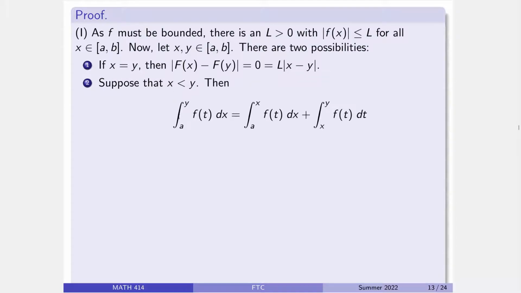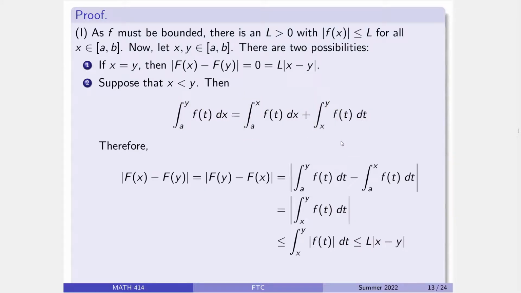Well, then we know I can split as follows. And that means that if I look at F of x minus F of y, I can change the order within here. F of y must equal this, and F of x must equal that. And note the proper splitting in twain here. This difference is equal to that, so subtract this over. Now x is strictly less than y, so we know that we can apply the following fact. And since f of t is always less than or equal to L, then we get this.